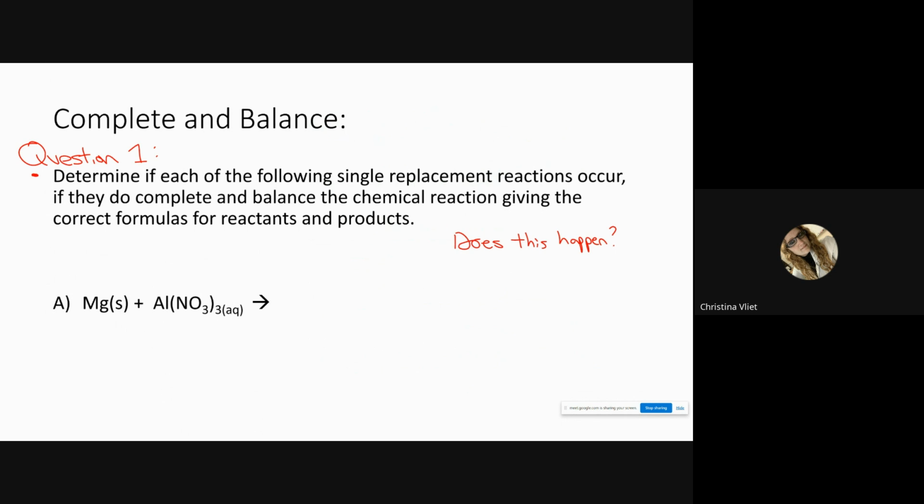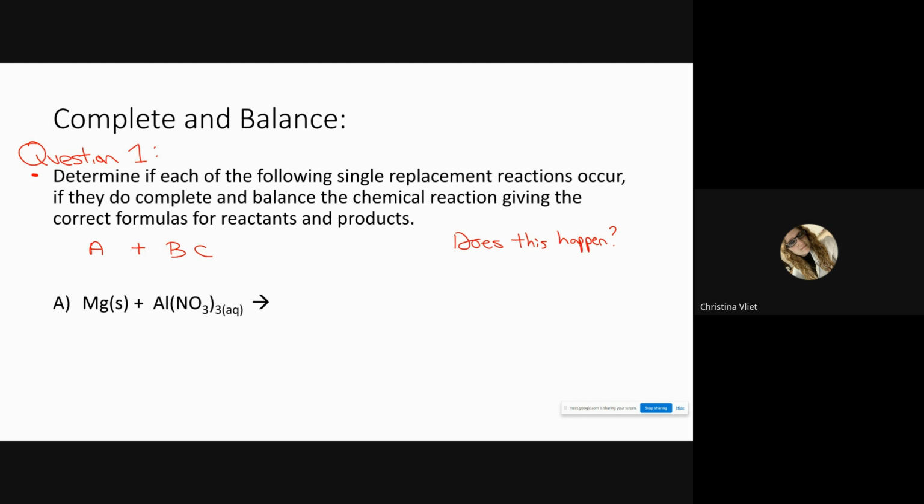Is magnesium stronger than the other metal? It's not stronger. Magnesium is right above it, just a little stronger, right? So your template is A plus BC, right?